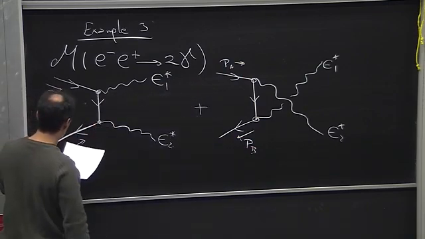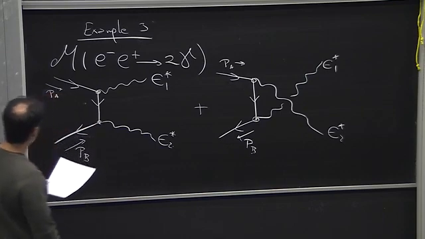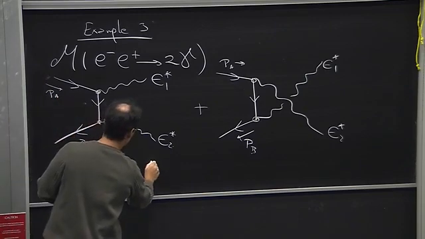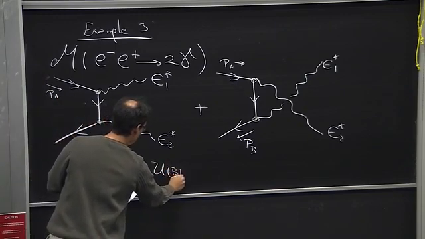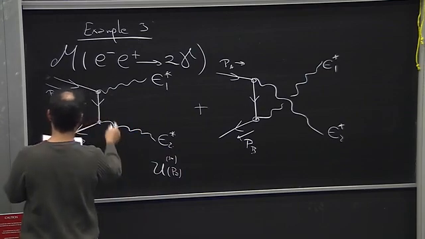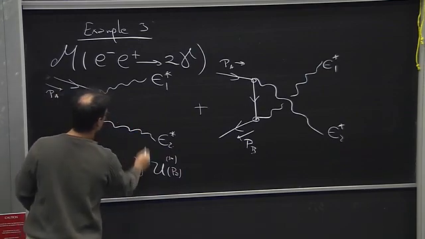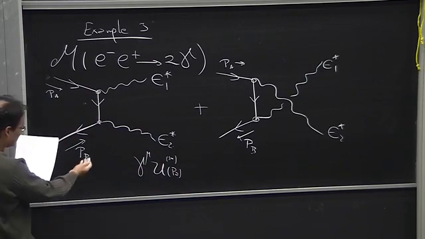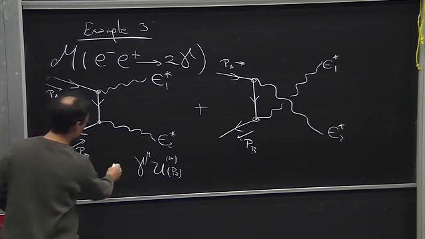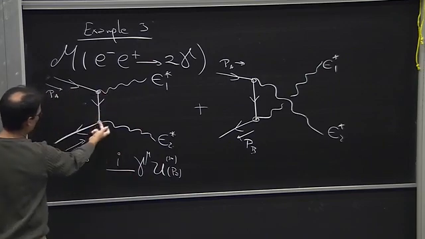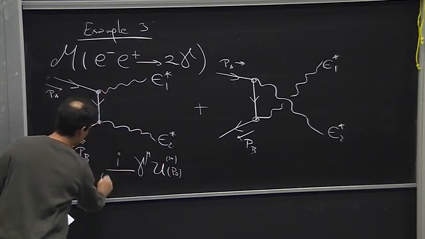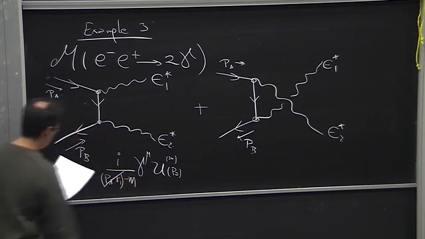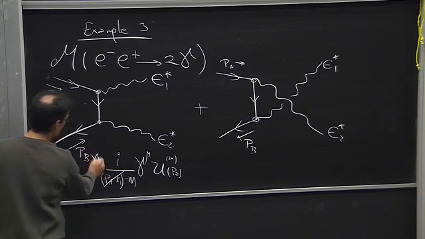So what do we get for this diagram? Well, once again, we start with a fermion line. We start here. We write u of PA. We get here a gamma with some index mu, which I'm going to contract later. There must be somebody who hits that index, so I'm not going to worry. There will be the propagator, which I'm going to write again in fancy notation, because we don't have too much time.